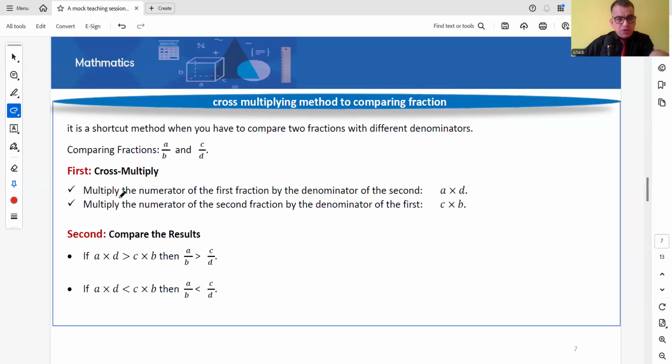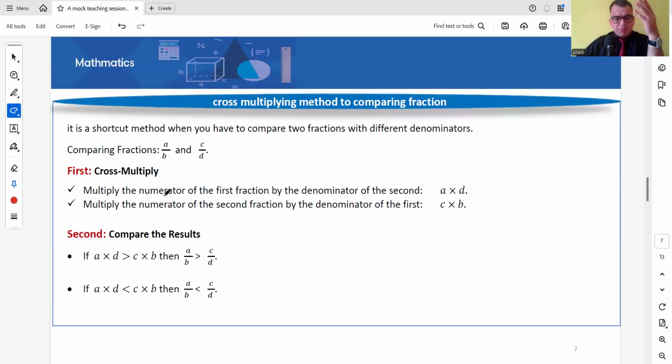The first step, we multiply the numerator of the first fraction by the denominator of the second fraction. Then we multiply the numerator of the second fraction by the denominator of the first fraction.